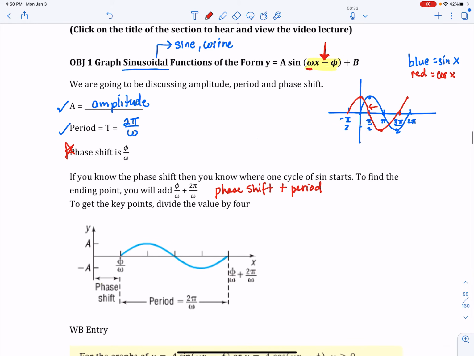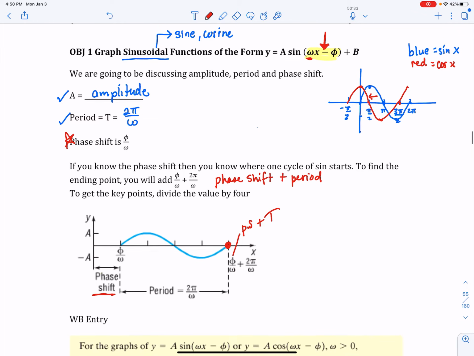If we take the sine wave and we move it to the right, that shows a phase shift. The phase shift is given right here, and the period is still going to remain the same, 2 pi over omega. But the ending point is the phase shift plus the period. Okay?